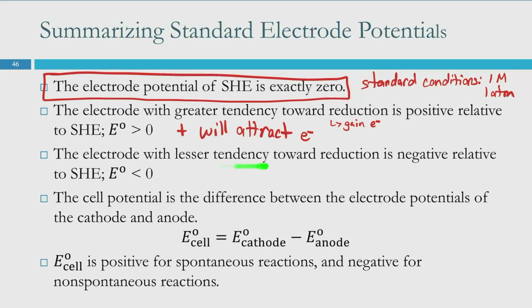The electrode with less tendency towards reduction, so more likely to oxidize, is negative relative to the standard hydrogen electrode. Negative will repel electrons.